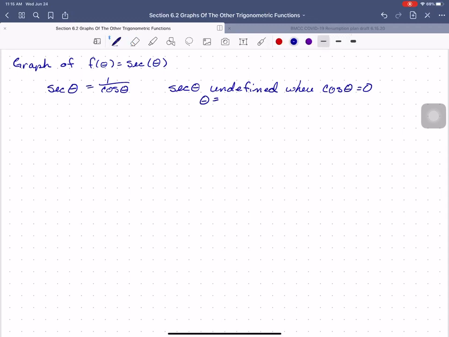Cosine is related to the x-axis, so we're talking about at the verticals, right? So we're talking about pi over 2, 3 pi over 2, and 5 pi over 2, 7 pi over 2. In other words, at pi over 2 plus or minus k pi, where k is any integer.